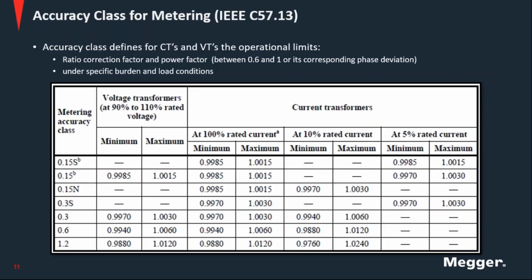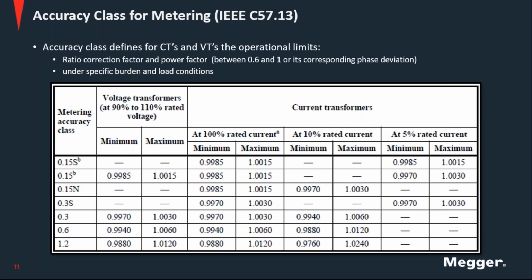So let's look into the accuracy class definition, and especially for metering. I have both metering and protection. First we're talking about metering, so what is the accuracy class? The accuracy class defines the operational limits for CTs and VTs. It tells us the ratio correction factor and the power factor limits, and specifically the power factor has to be between 0.6 and 1, or its corresponding phase deviation in degrees.